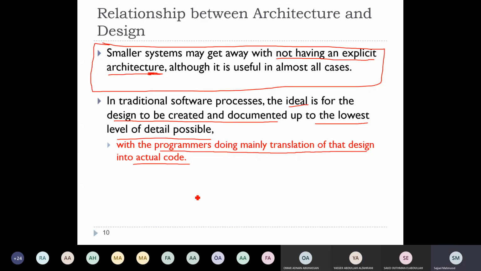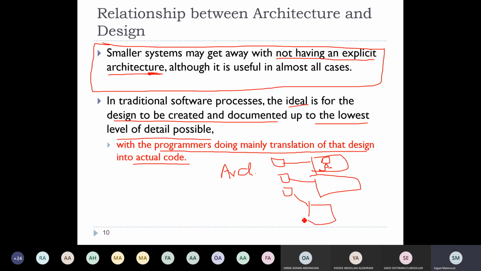I design something, I come up with an architecture of an application, which means I come up with the structure of my system. Then for each structure of the system, I create, for example, a class diagram, right? And this will also have its own class diagram. Imagine with me, they are packages, right? And I have done this. Now the programmer will come, take this, and translate it into source code.